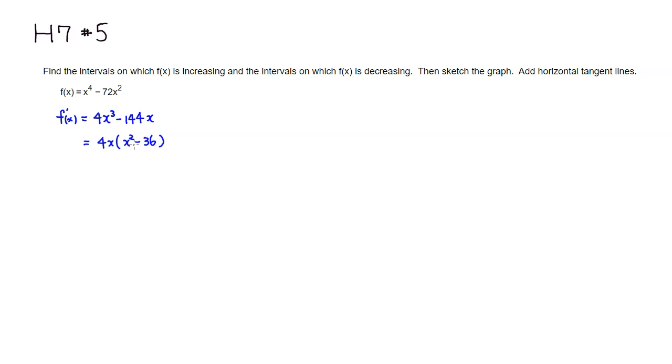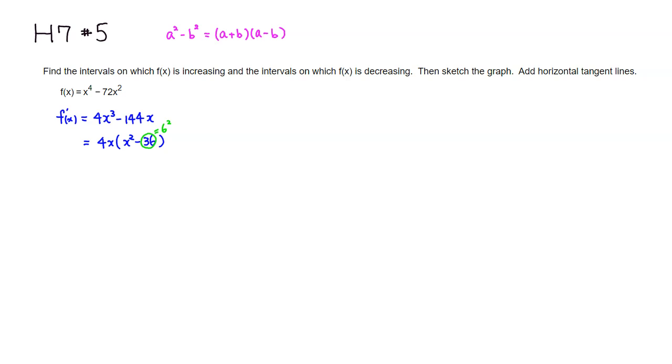36 is actually the same thing as 6 squared. Remember that if you have a squared minus b squared, we can factor it as a plus b times a minus b.